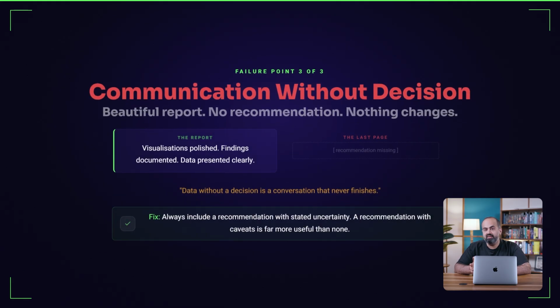Failure point 3. Communicating without a clear decision. The report goes out. The visualizations are beautiful, but there is no recommendation. The decision maker reads the findings, nods, and does nothing because no one told them what to do next. The fix: step 5.